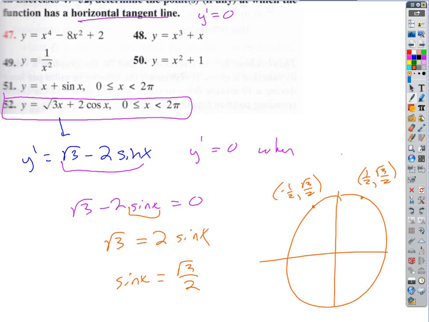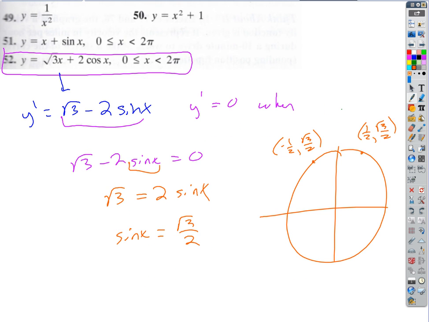Fortunately, we're bailed out a little bit. We're restricting the domain to one lap of the unit circle, right? So from 0 around to 2 pi. So there actually are only two locations. If we didn't restrict it to one lap, there would be an infinite number of times we hit that spot and that spot, right?